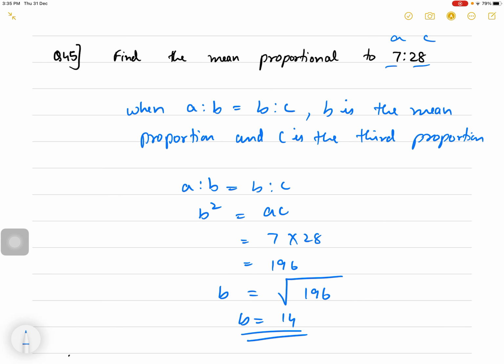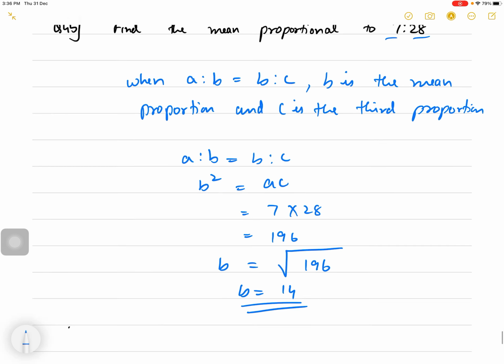Okay. So find the mean proportional to 7 is to 28. That means B is not given, A and C are given. Okay. Let's see the next question.